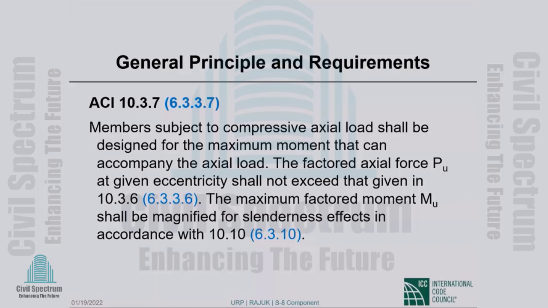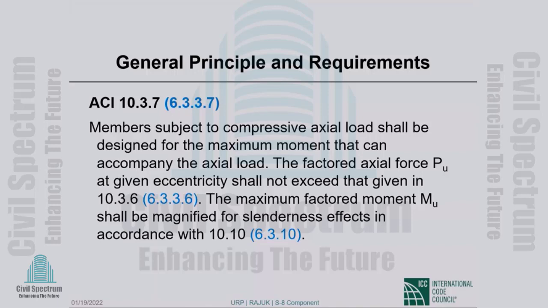The thing that you always have to keep in mind is that a column is always designed for combined bending and axial load, as opposed to a beam, which is designed only for bending moments. So there is always a P and an M, combined bending moment and axial load.